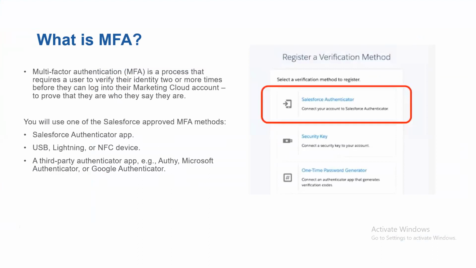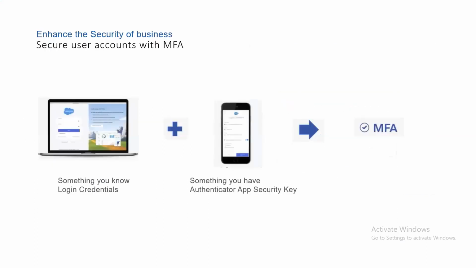This MFA will generally enhance the security of your business. It is one of the simplest ways to prevent unauthorized account access and to protect the Salesforce data. More than a user ID and a password, we will need to add an extra factor involved in MFA.